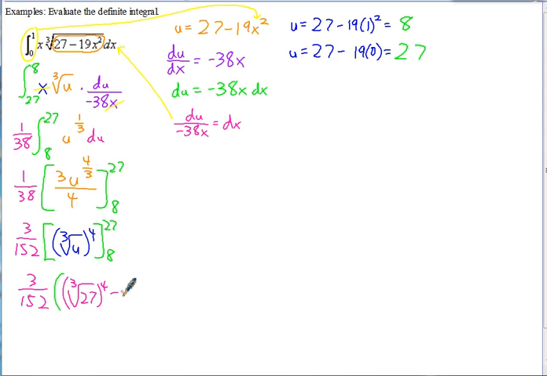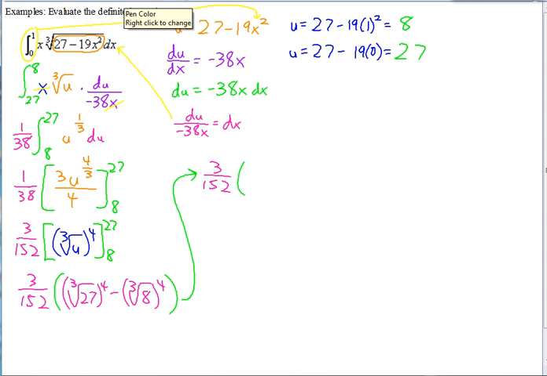And then subtract what you get when you substitute in the lower limit. That becomes the cube root of 8 to the 4th. So we still have the 3 over 152 on the outside. And then the cube root of 27 is 3, to the 4th power is 81. Minus the cube root of 8 is 2, to the 4th power is 16.